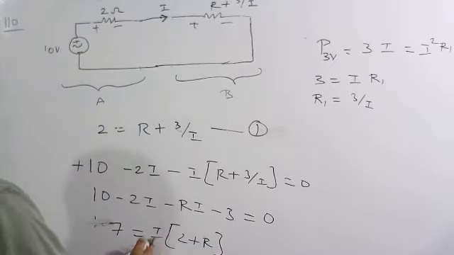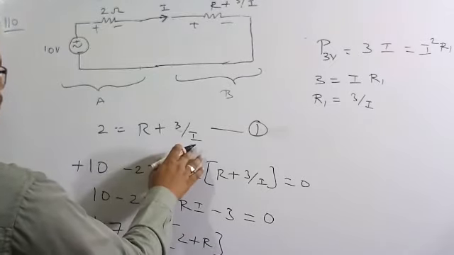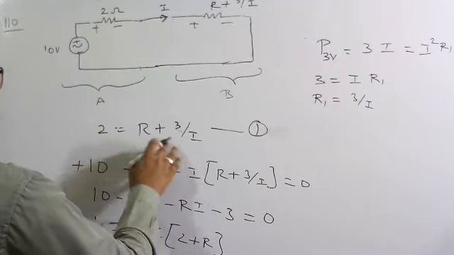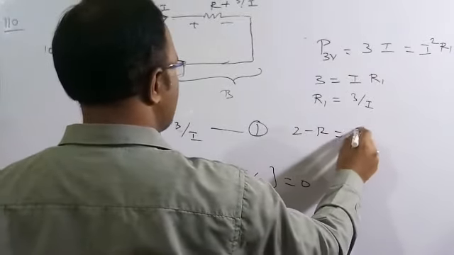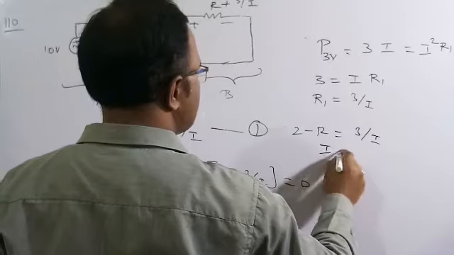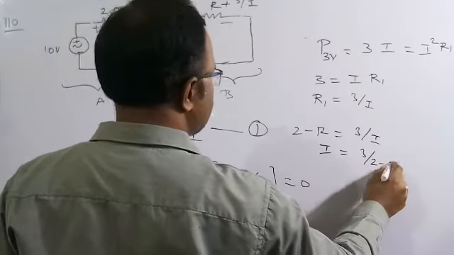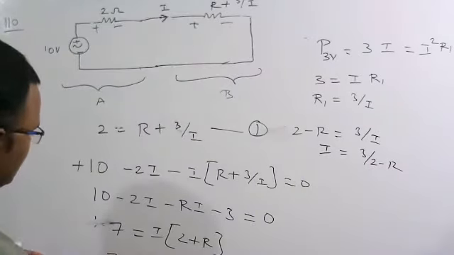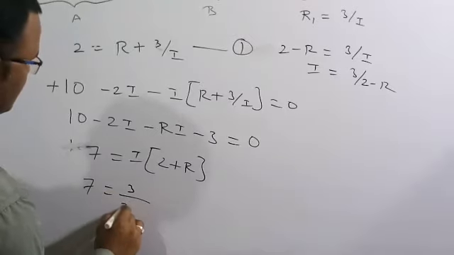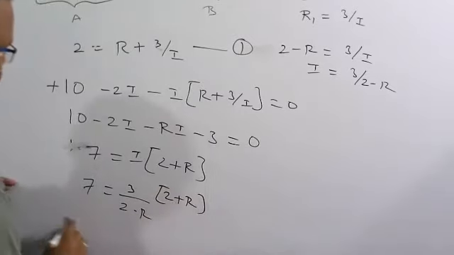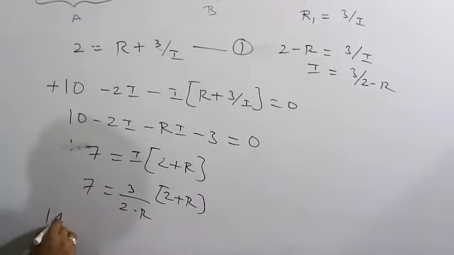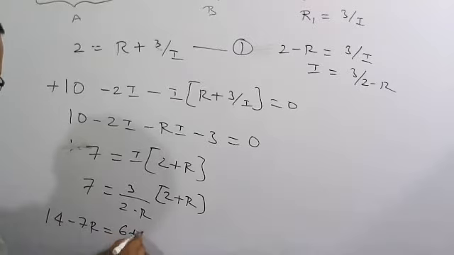But we know, if you want to figure out the value of the current I, then we will get here 2 minus R is equal to 3 by I. So therefore I is equal to 3 by 2 minus R. So simply keep it here, 7 is equal to 3 by 2 minus R into 2 plus R. So now we will get 14 minus 7R is equal to 6 plus 3R.